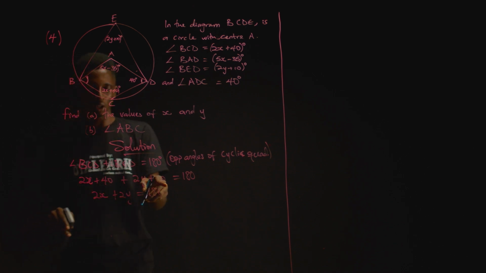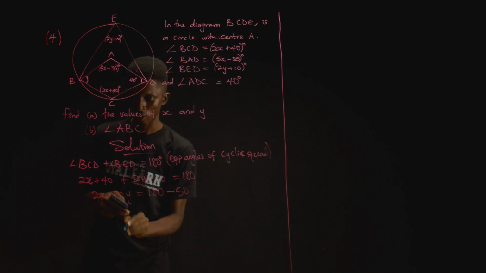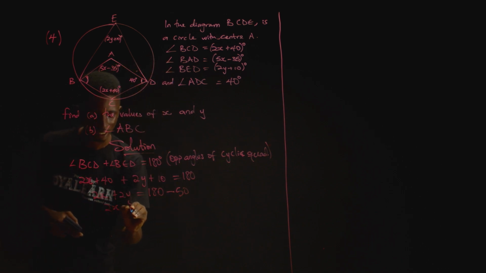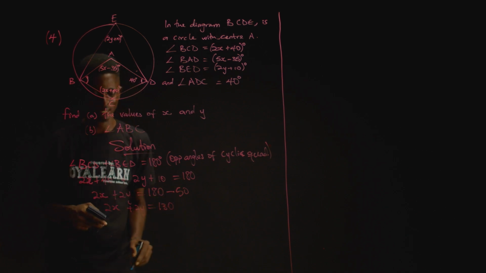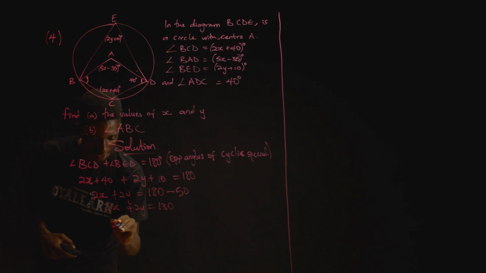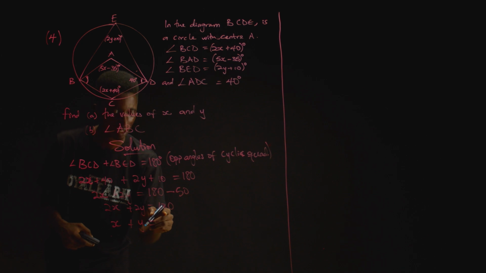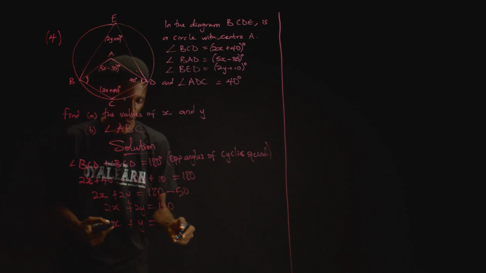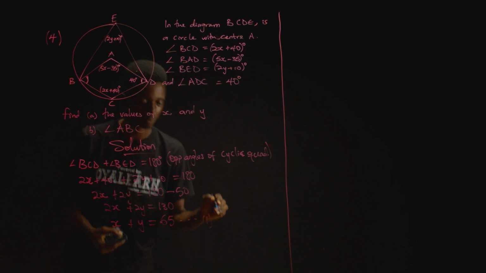Now 40 plus 10 is 50. So when it comes here, it becomes minus 50. So we have 2x plus 2y equal to 130. Now let's divide through by 2. So this divided by 2 will give us x, plus this divided by 2 will give us y. And this equals 130 divided by 2, and that is 65. So let's call this equation 1.